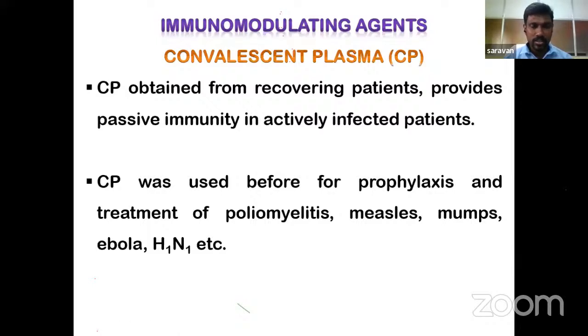It should not be used in patients who have mild symptoms, or who are not hospitalized, or who have any severe form of respiratory involvement. That was the revised emergency use authorization given by the FDA.